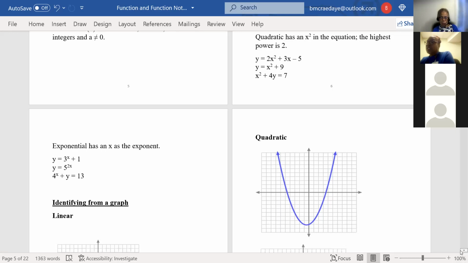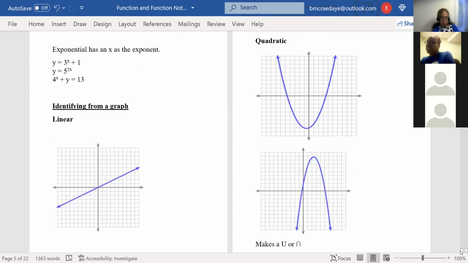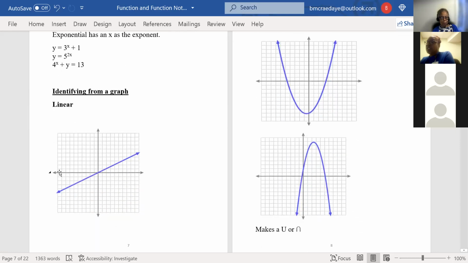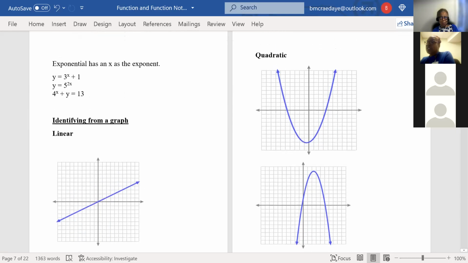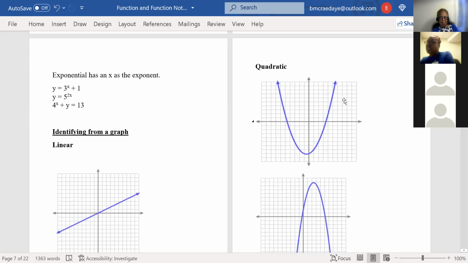And you're familiar with, I think, most of these straight lines. That's linear, right? And it can be increasing, or I could come this way, sloping downward, decreasing, still linear, right? But now if it's a quadratic, and Latoya, what do you call this one? The U shape?